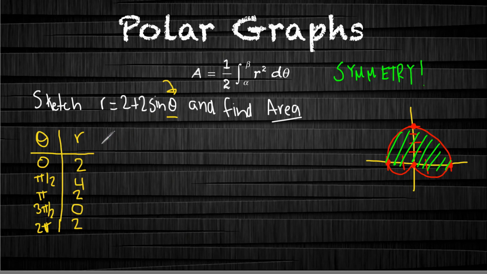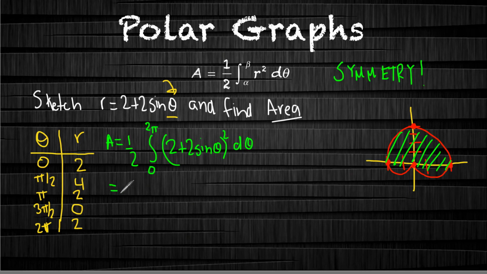So area is equal to 1/2, and we're going to integrate from 0 to 2 pi of r squared, and r is going to be 2 plus 2 sine of theta, all squared, d theta.